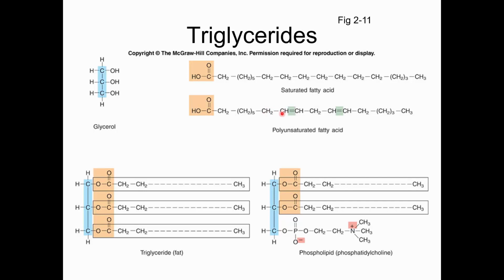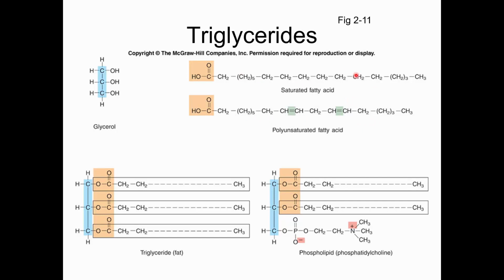One carbon, a hydrogen, and then a double bond between another carbon. So these are unsaturated fatty acids. Now what's neat about these, it's harder to make cholesterol out of these. These tend to be plant fats, and they tend to be healthier for you.